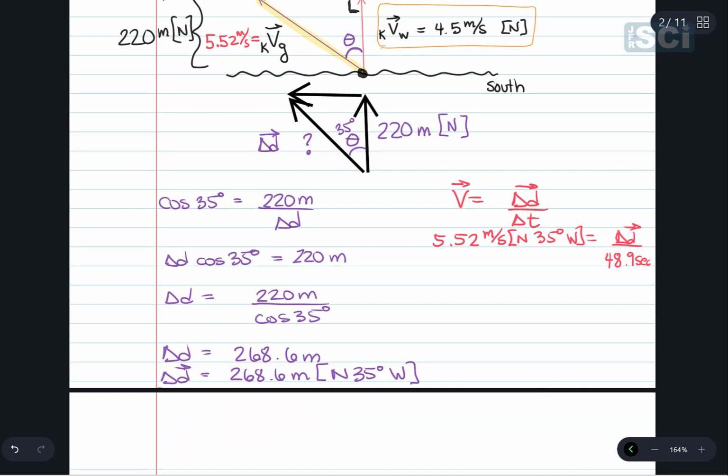All right, so let's take our numbers and we'll solve for delta D, which means I'm going to multiply 5.52 times 48.9, and lo and behold, we get 269.9 meters north, 35 degrees west as my delta D.